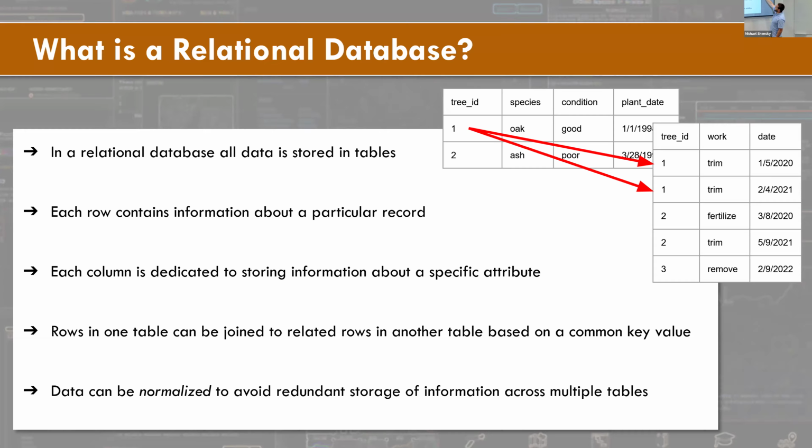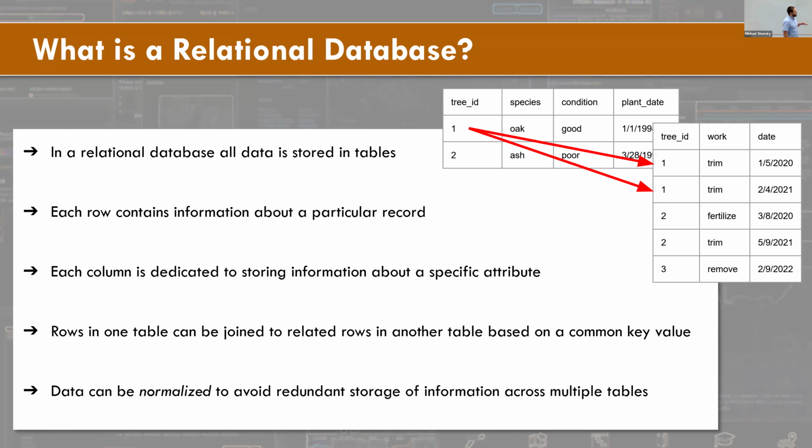So this would be referred to as the foreign key. But you can see tree number 1 over here, this oak tree, might have had 2 different operations performed on it. It was trimmed twice, in 2020 and again in 2021. And the primary and foreign key allow us to link these records together in our relational database. So it's going to allow us to pull up related records as we need to carry out analysis to understand what's happening with our data.